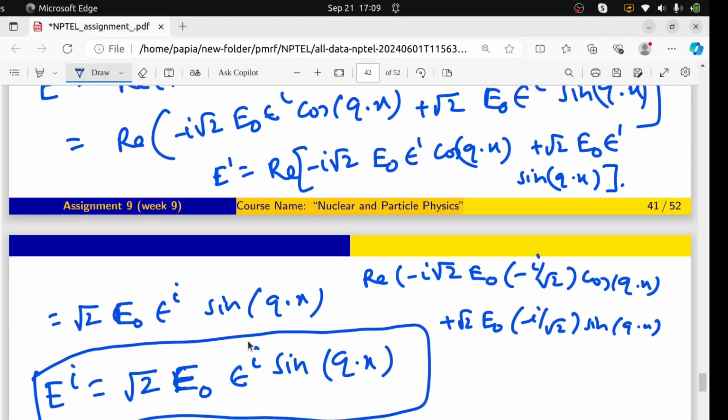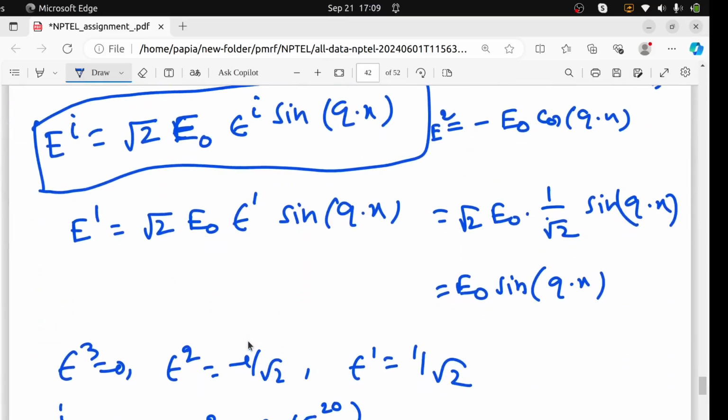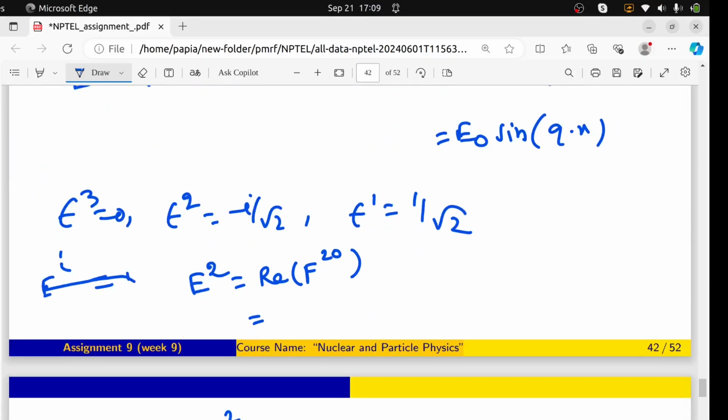So for this case, you can see this is no longer a real part. This is a real part. This is minus minus plus and I square is minus 1. So E2 will be minus root 2 will cancel out, E0 cos q dot x. So E2 will be minus E0 cos q dot x. Why? Because here epsilon 2 is again a minus I value.